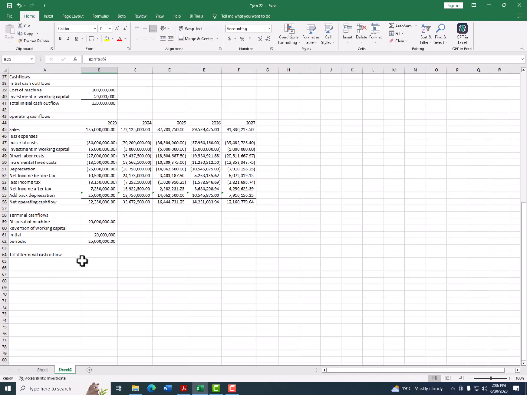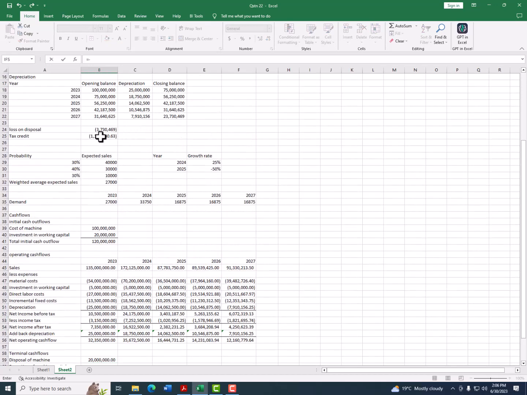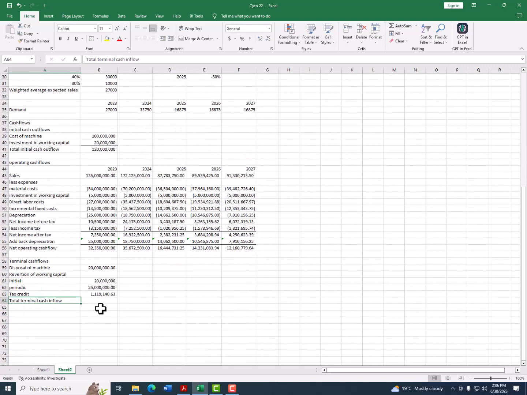So it has a general positive effect on the cash flows of the company. So we write tax credit. If it was a profit on disposal, it will have a negative effect because they will need to pay tax on that. So we say equals minus, because it was in minus, it's going to be positive. So we put the minus sign to make it positive. So that is the tax credit.